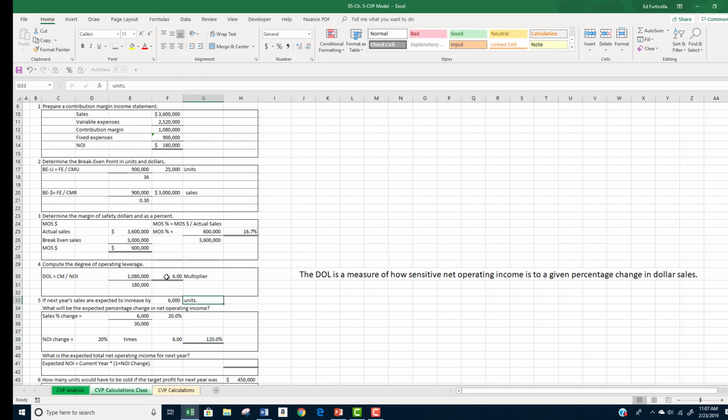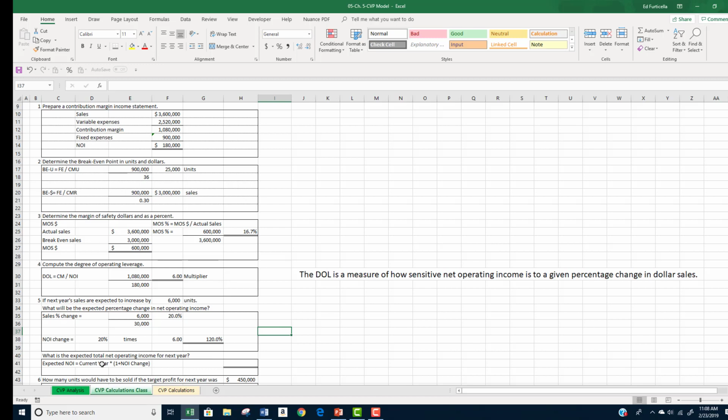So in this case, if our sales increase by 20%, we can expect our net operating income to increase by 120%. The reason for that is, as sales increase, our fixed costs stay the same. So if we get a good increase of sales and we have a nice contribution margin, we're going to end up with a significant increase in our net operating income.